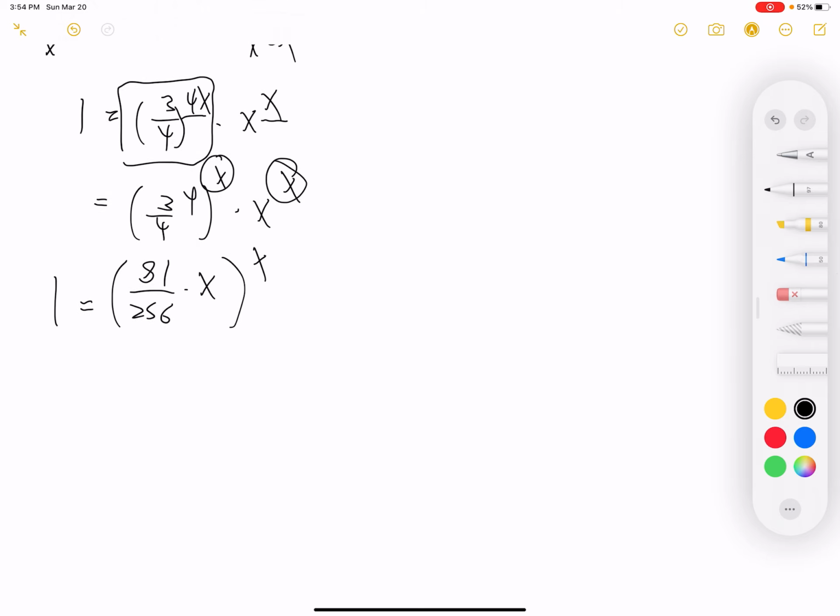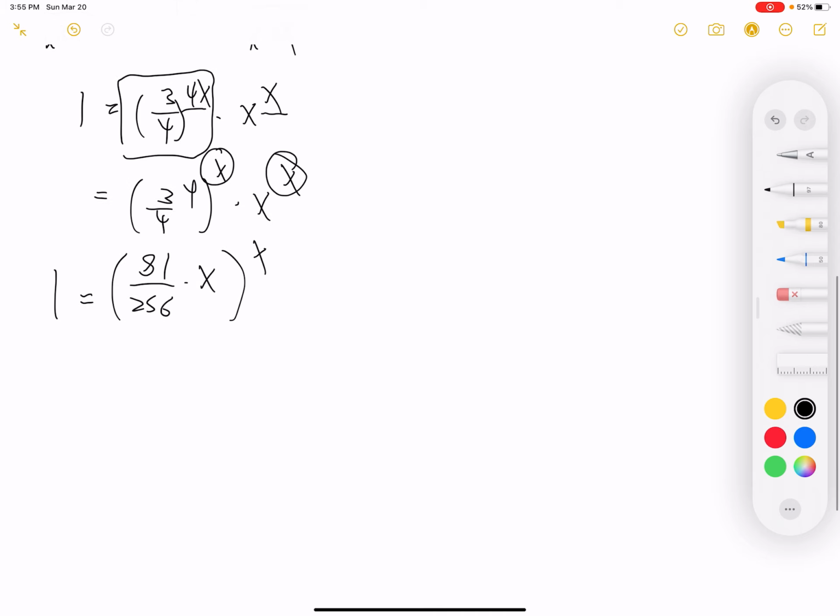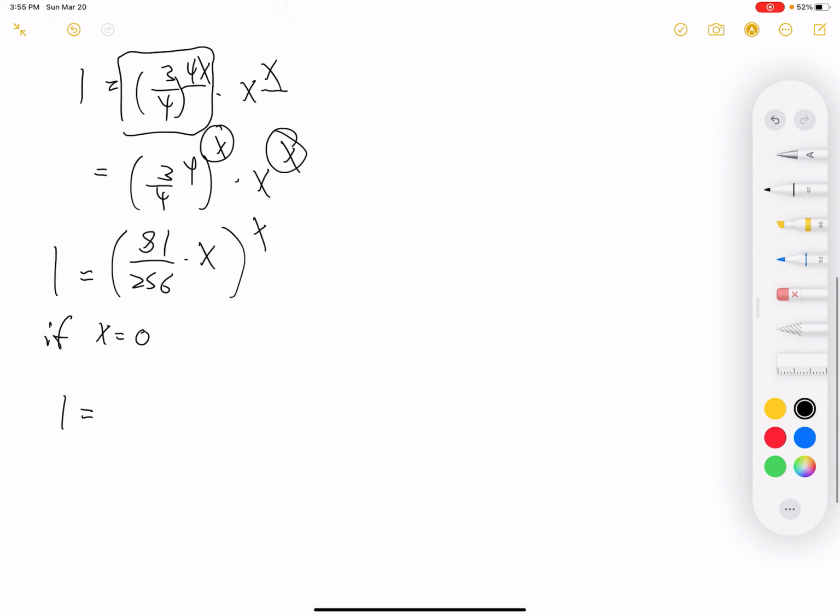Now, normally when you have exponents, there's usually two cases of when something raised to the power of something else is equal to 1: either your base is simply 1, or the exponent is 0. But notice that if we try to put the exponent as 0, or simply x equals 0, that means we have 1 equals (81 over 256 times 0) to the power of 0.